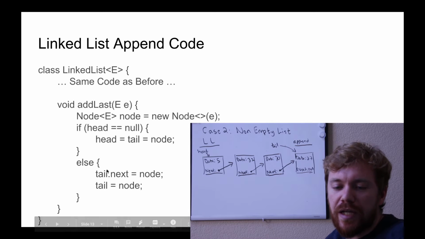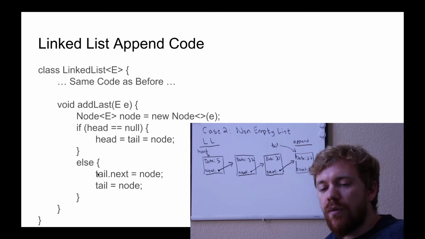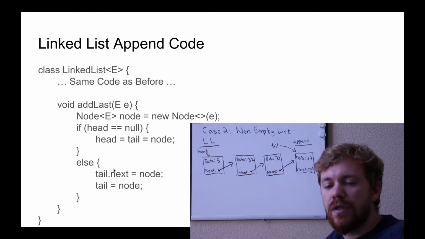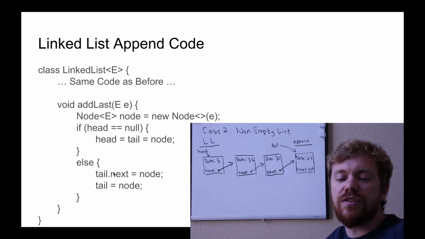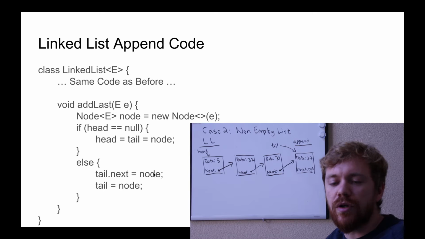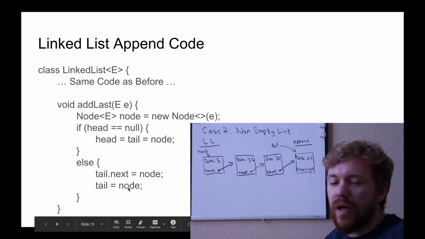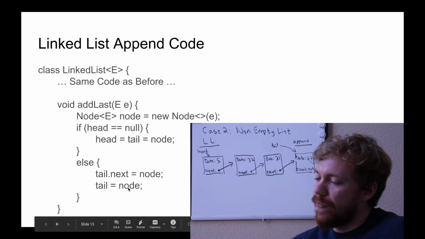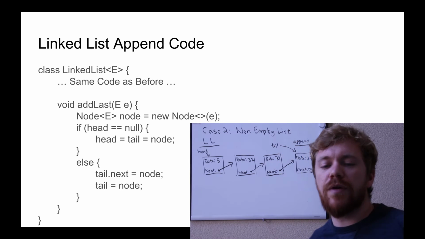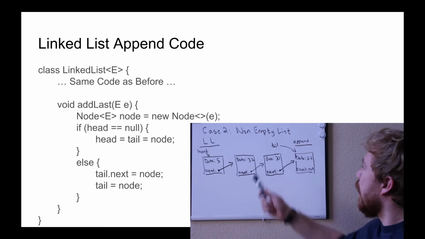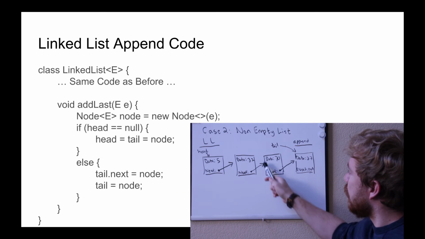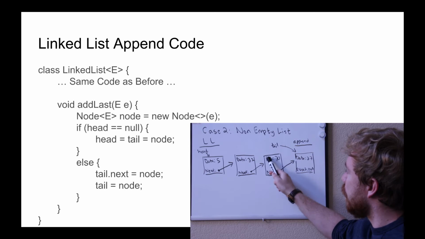Now you might be wondering, well, that's weird, right? Why is it we change the tail's next variable to be the new node, then we change the tail itself to be the new node? This is where you have to remember, tail is just a reference type. And so tail was referencing this object's memory.